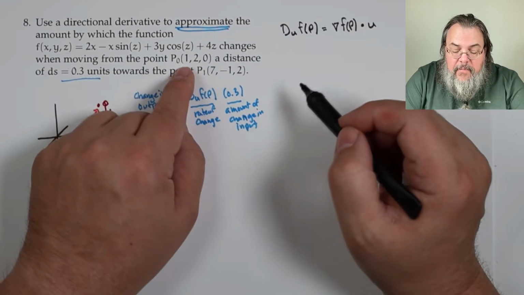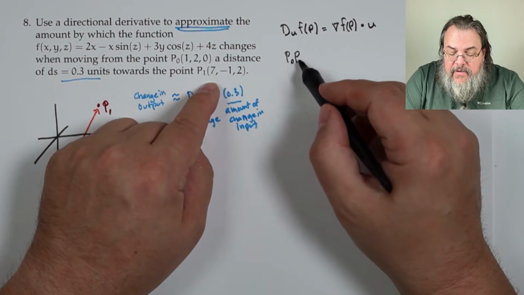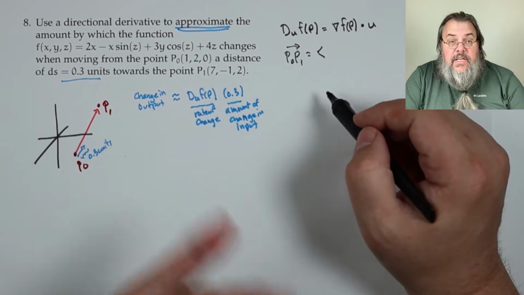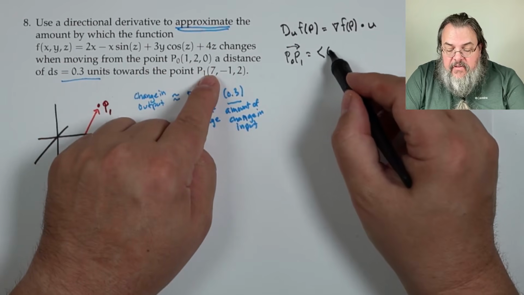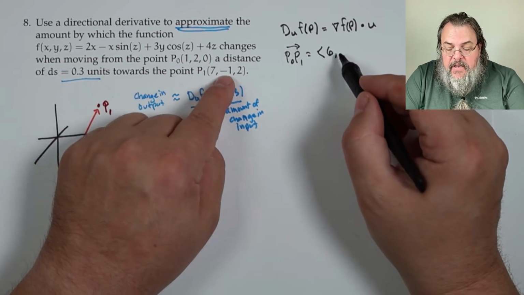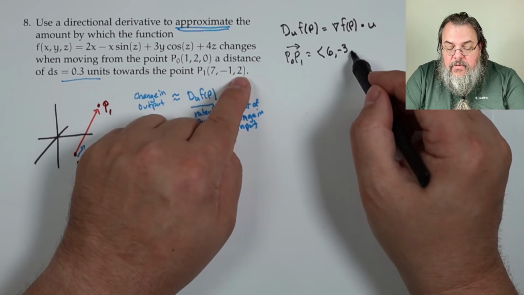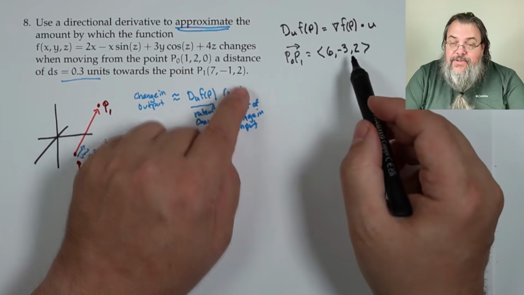So let's look at our change. If I look at this vector from P0 to P1, how much do I change in each entry? I go from 1 up to 7, that's a plus 6. I go from 2 to negative 1, that's a negative 3. And I go from 0 to 2, so that's a plus 2. So a 6, a minus 3, and a 2.